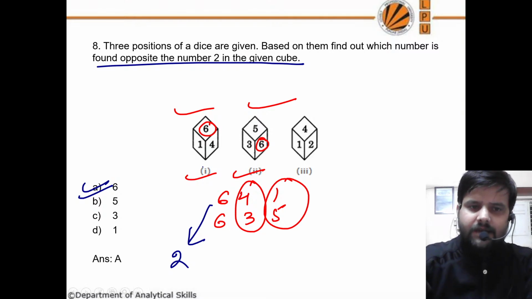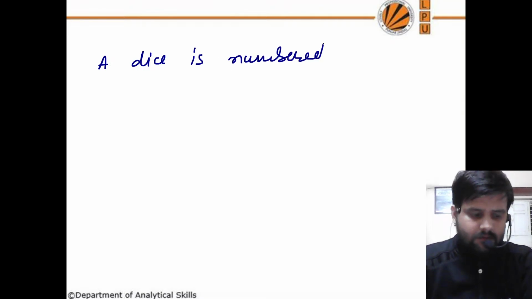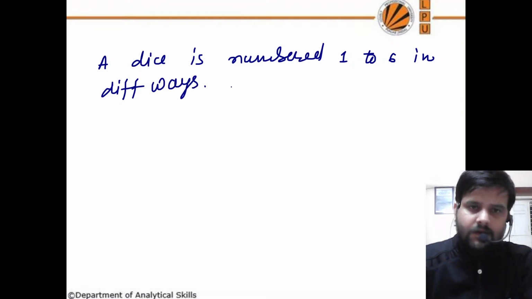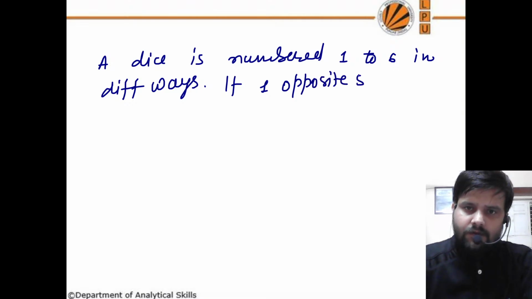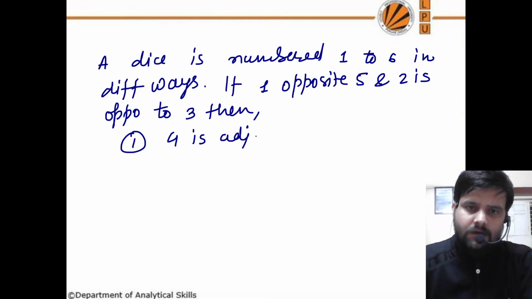Okay, so I'm writing a question. A dice is numbered 1 to 6 in different ways. If 1 is opposite to 5 and 2 is opposite to 3, then the first option is 4 is adjacent to 3 and 6.